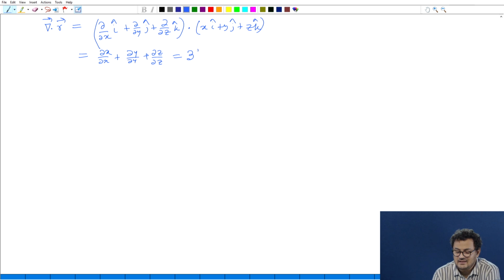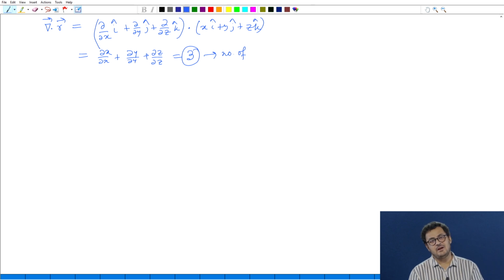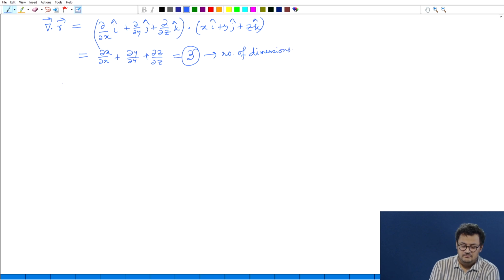This is nothing but the number of dimensions. If you are in an n dimensional space, then the divergence of R will be n, the number of dimensions of space.